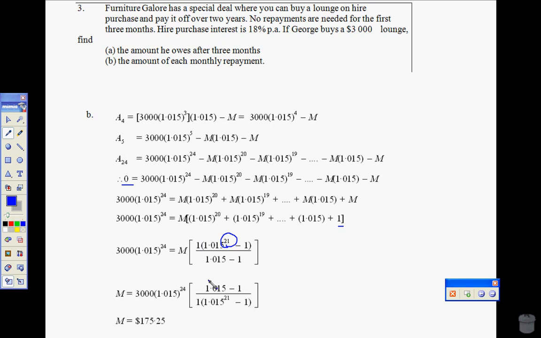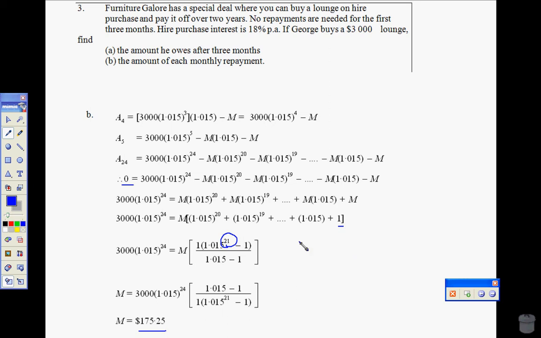To get m by itself, we multiply by the reciprocal, so it's turned upside down to multiply by the 3,000 times 1.015 to the power of 24. Do the calculation, and it ends up being 175.25, which sounds about right for making 21 repayments.